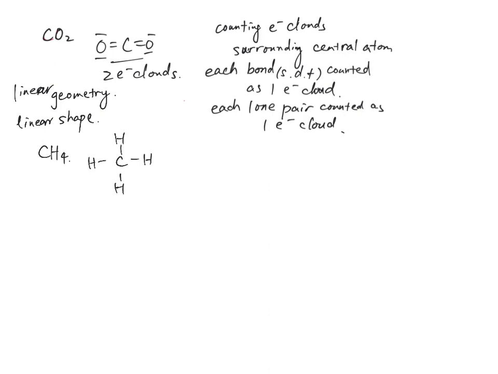So what's the difference now with 4 electron clouds? Well, 4 electron clouds can actually stay a little further away from each other and still be equivalent when you construct them. And how? Well, let me show you.